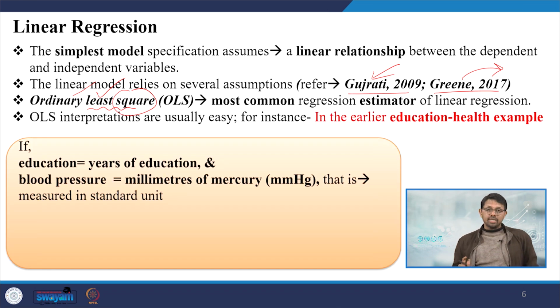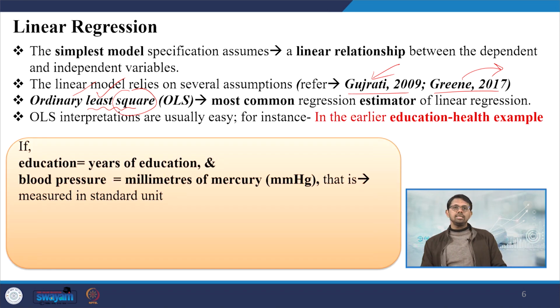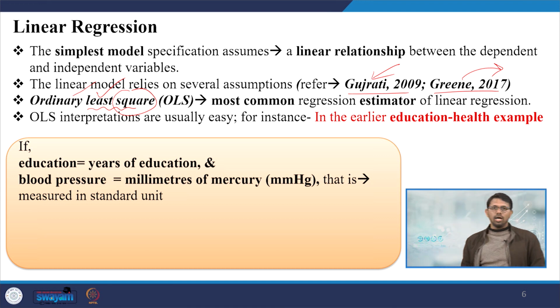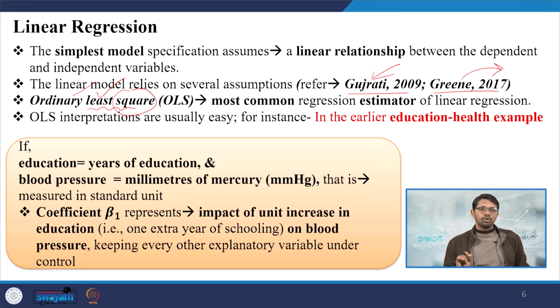Now, OLS interpretations are usually easy. For instance, in the earlier case which you have just cited, the education and health example, if education is measured by a variable called years of education, and blood pressure, etc., is the proxy of the health indicator, measured in millimeters of mercury, that is mmHg, the standard unit of blood pressure.